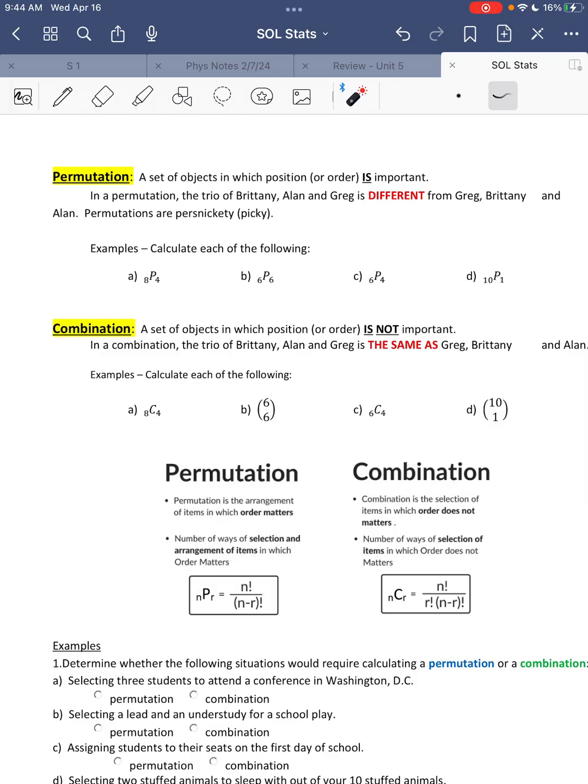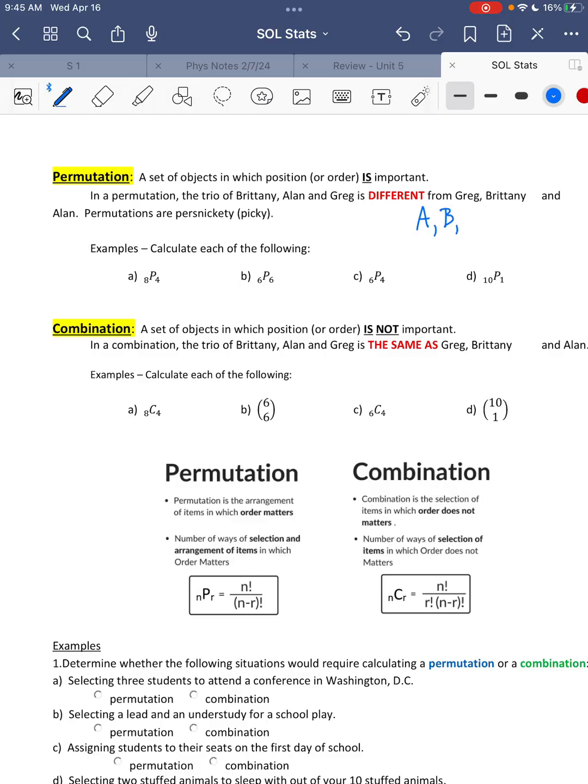So if you have a permutation and you're going to take people, you have Brittany, Alan, and Greg. And if you care about the order, like let's say it makes a difference of their order. For instance, the first person you choose is going to be president. So if you choose Alan first, then it's different from choosing Greg as president or Brittany as president. And then the second person is going to be vice president.